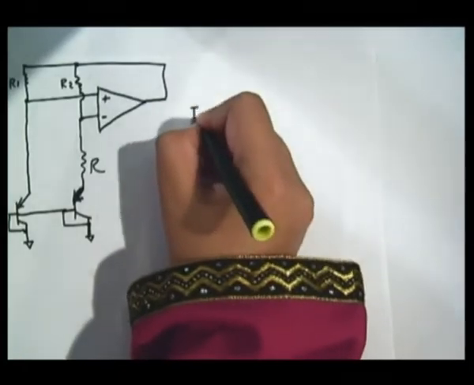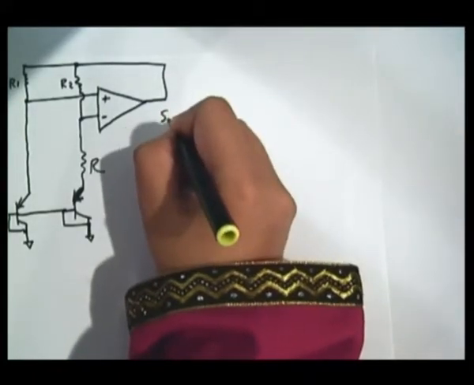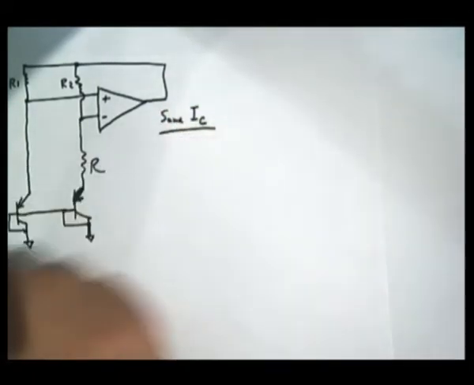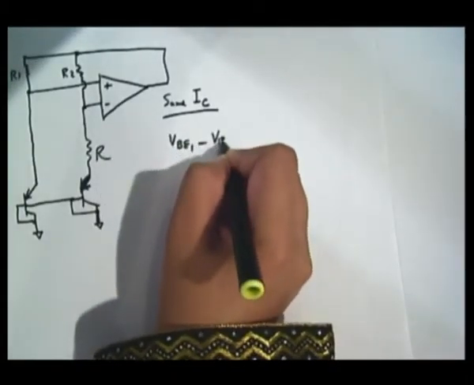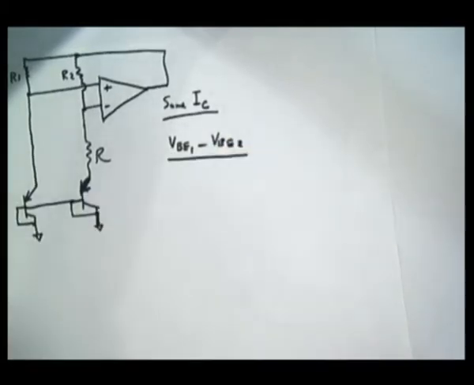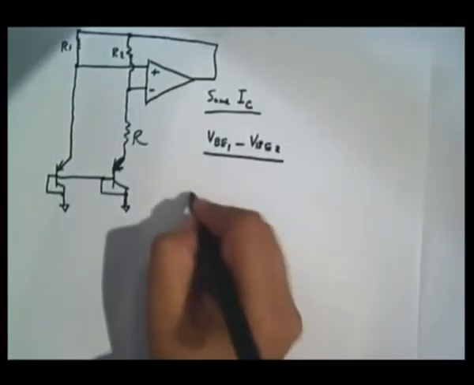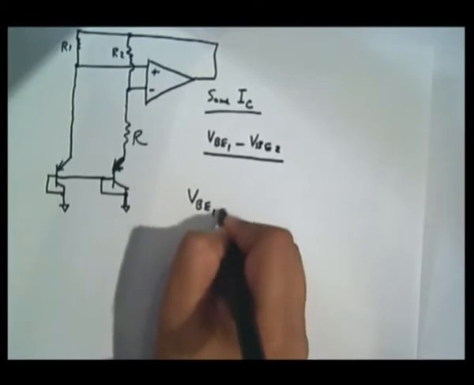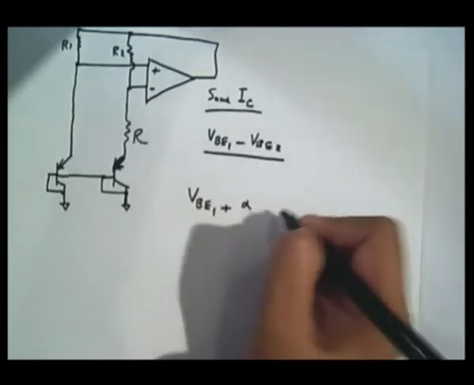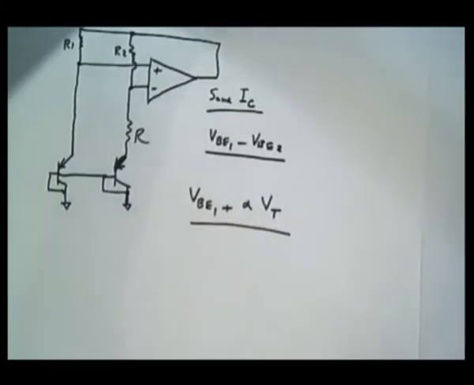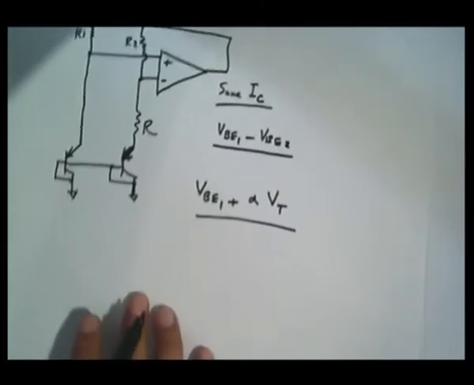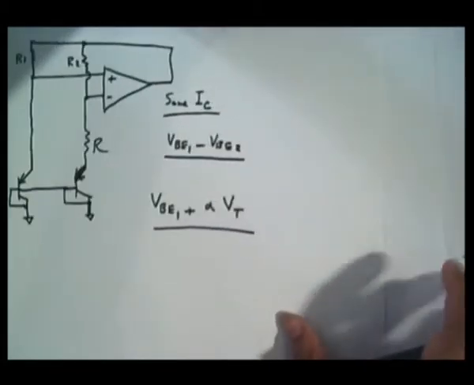One was to have the same IC, then generate VBE1 minus VBE2, and then generate VBE1 plus some alpha times VT. These were the three constraints if you want to generate a bandgap reference. So let us go one by one.